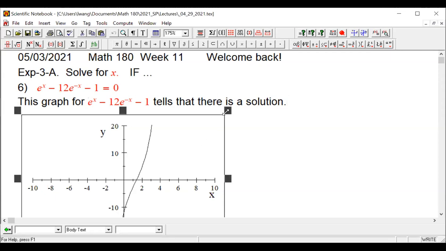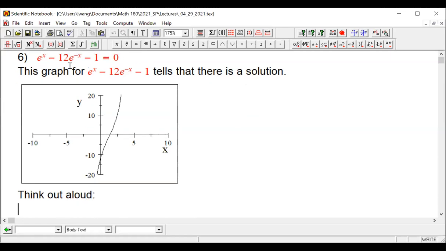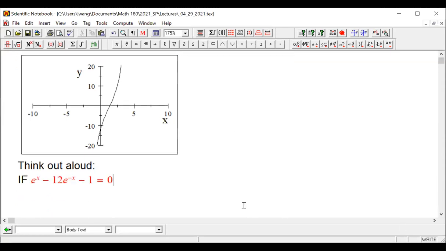Okay, so that graph tells us that. But we still have to find it algebraically. So how do we find that solution algebraically? Anybody has any clue? How do we solve this if statement? If this is true, that's the crossing of the curve with the x-axis.